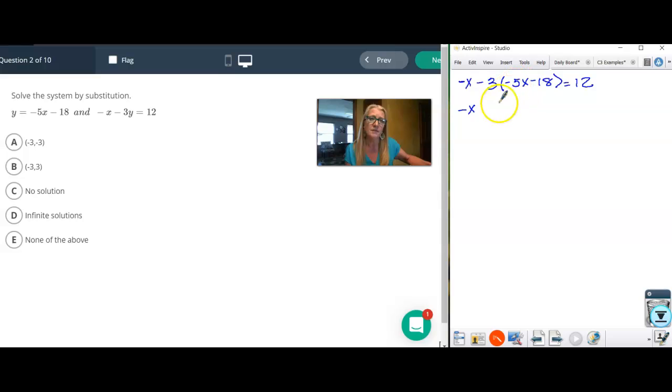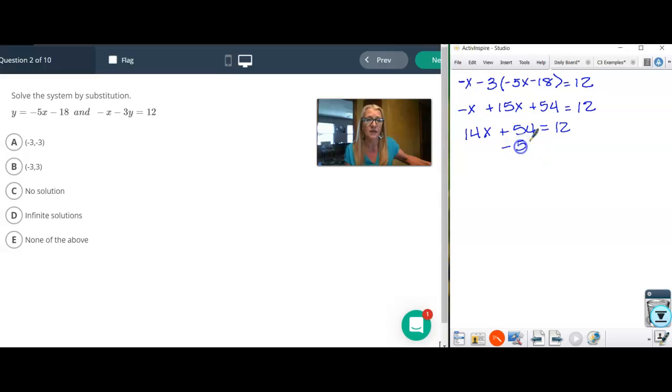Distribute negative 3 times negative 5 is positive 15x. Negative 3 times negative 18, positive 54 equals 12. Now we can combine our x's. A negative 1x and a positive 15x gives us 14x plus 54 equals 12.